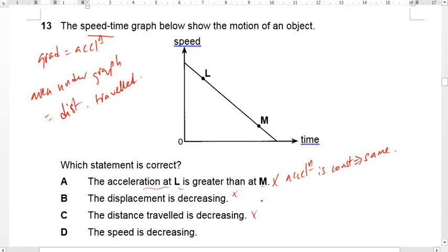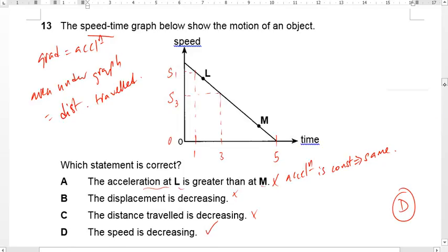Also wrong. The speed is decreasing. Maybe at 1 second, the speed is so much. After 3 seconds, the speed has decreased. Finally, at time equals to 5, the speed is now 0.